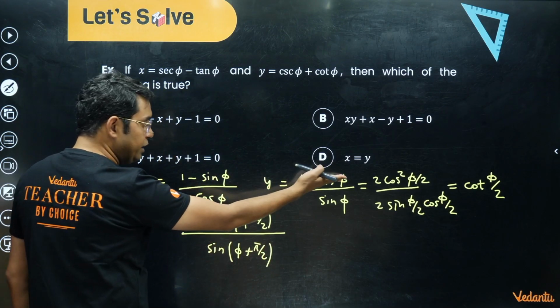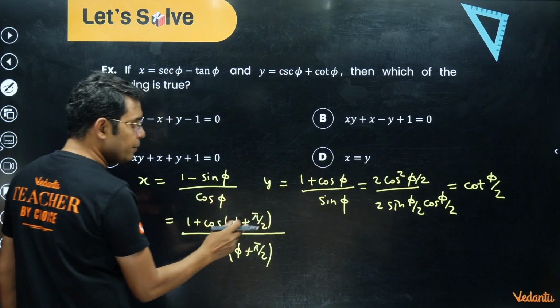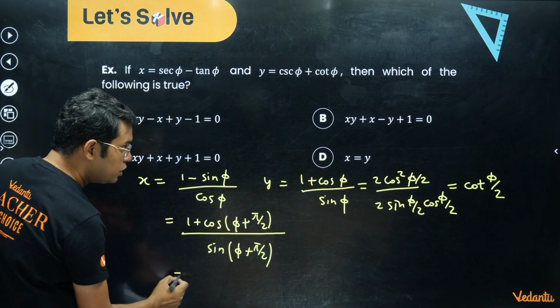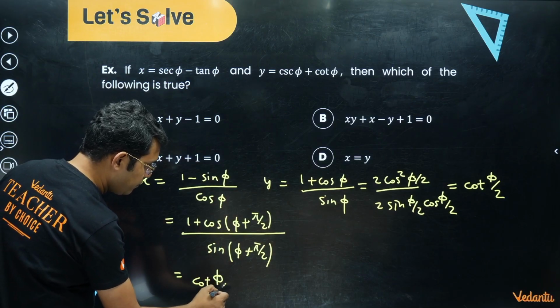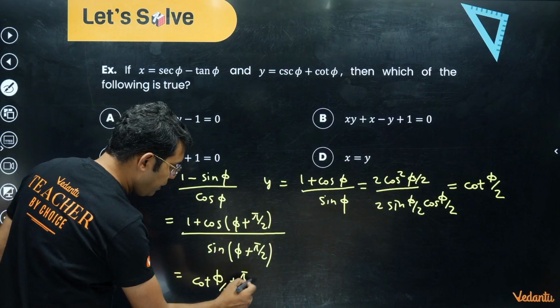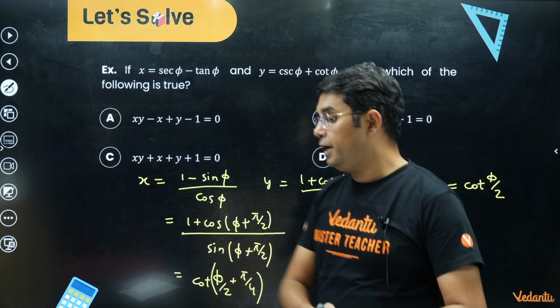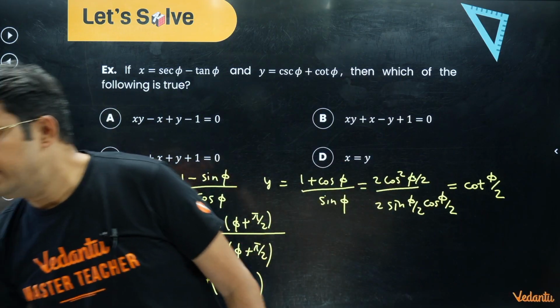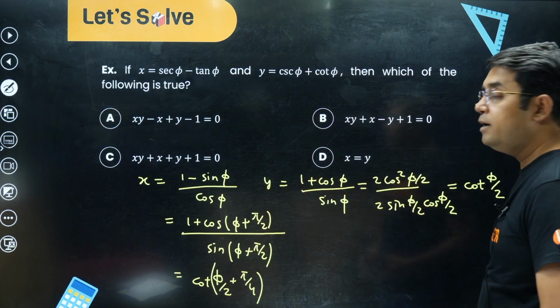In fact, you can check this x and y, the difference is only that phi is replaced by phi plus pi by 2. So this will become cot of phi by 2 plus pi by 4. Okay, now we can eliminate phi by 2, or phi, to get the desired relation.